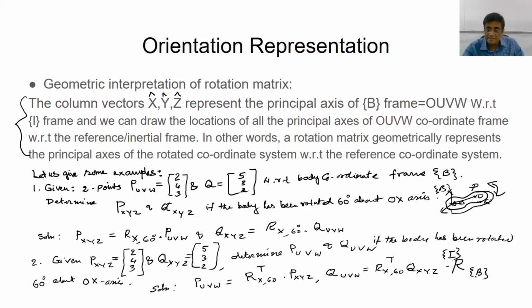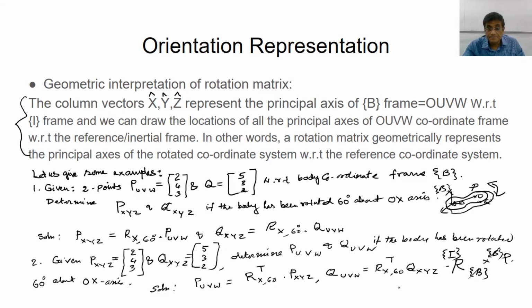Once it is known, just multiply it by the description in the body frame, and you get the description of that point with respect to the inertial coordinate frame.